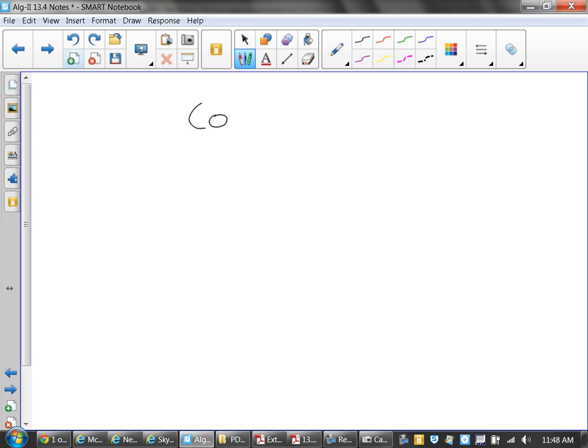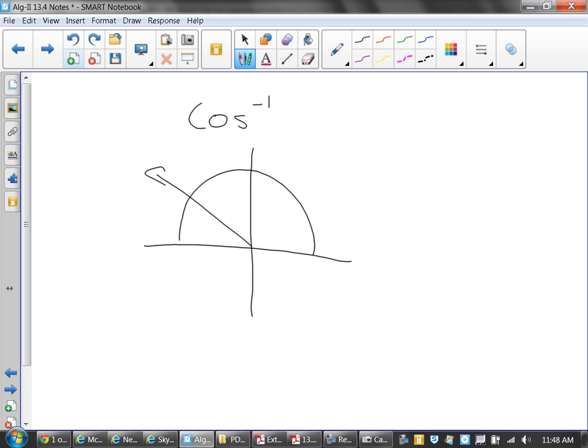Again, the answer is not negative 60. Cosine inverse is defined between the first and second quadrant. If cosine is negative, it's in the second quadrant. The value that we were looking at had the 1/2, so that meant we were at our 30, 60, 90 triangle.